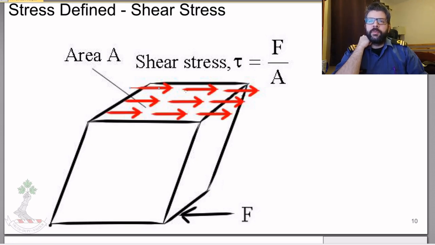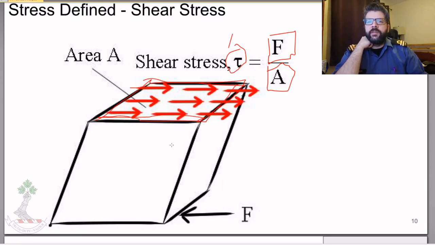It's being applied straight onto the face, and the average value of that distributed load is just going to be equal to the total force applied divided by the area. So again, that's this cross section. That's the area of this plane here.